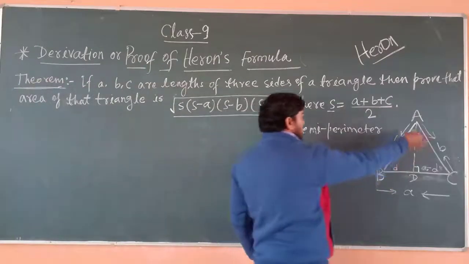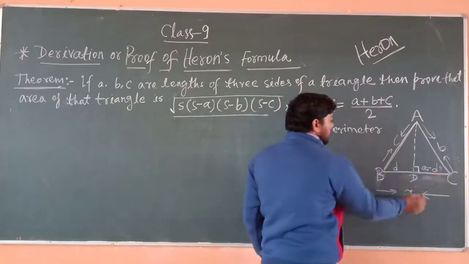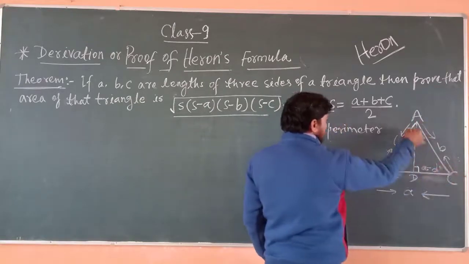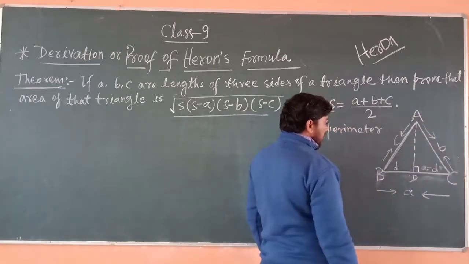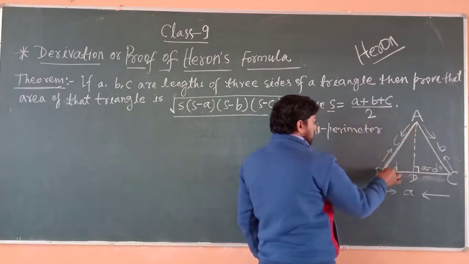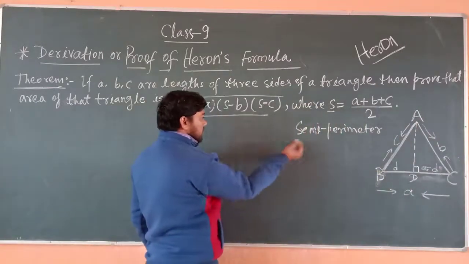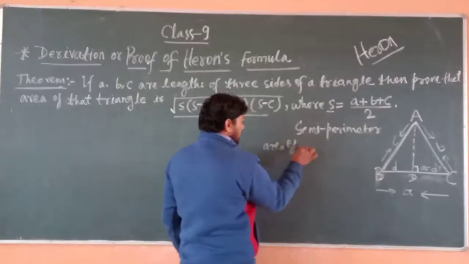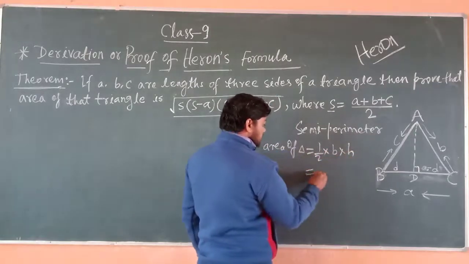Let us draw a triangle ABC, whose BC is equal to A, AC is equal to B, and AB is equal to C. We know already the area of a triangle if base and height are given: 1 upon 2 into base into height.